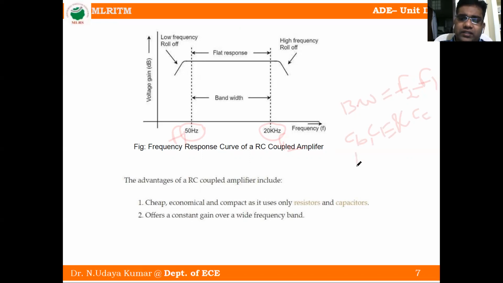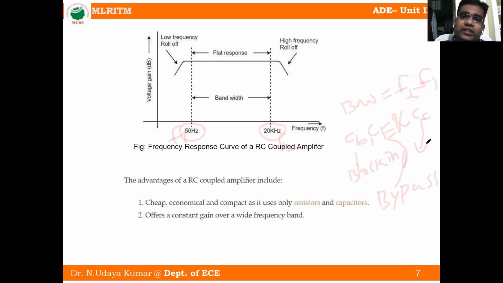The blocking capacitance blocks DC. The emitter one is the bypass capacitance, because DC signals are bypassed to the ground. Next one is CC, the coupling capacitance, which connects the output of the first stage to the second stage.